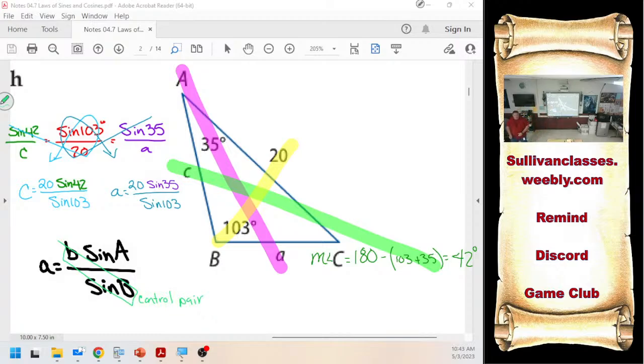Okay? Now, what A and B are doesn't really matter. That's arbitrary, right? We can name the angles and vertices whatever we want. But my control pair is always going to be in those spots when I'm solving for a side.